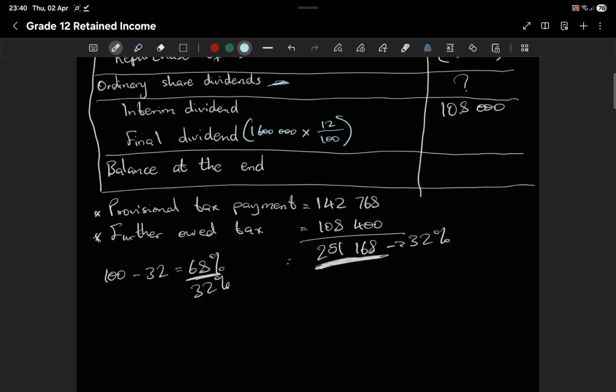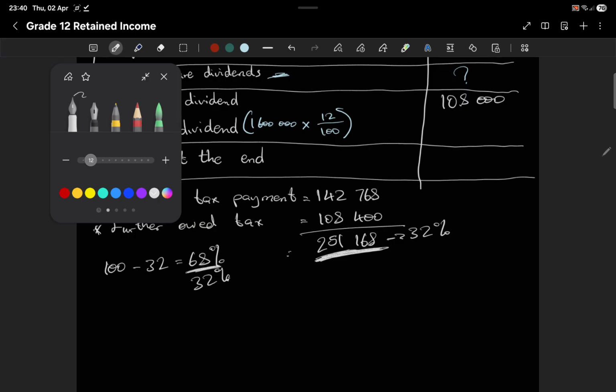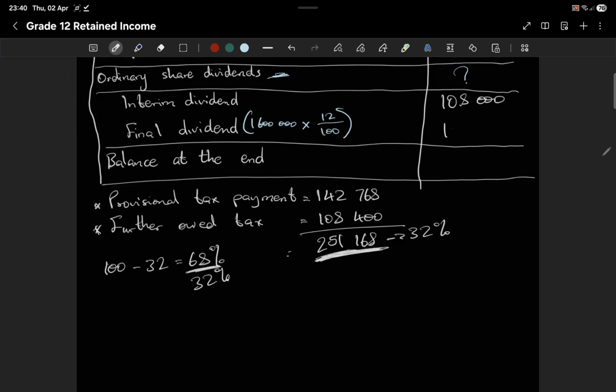Okay, so in the 1 rand we are looking for 12 cents. So that is why we are saying 12 over 100. Okay, so you are going to get 1,600,000 multiplied by 12 over 100, so when you do the calculations, you must get 192,000.